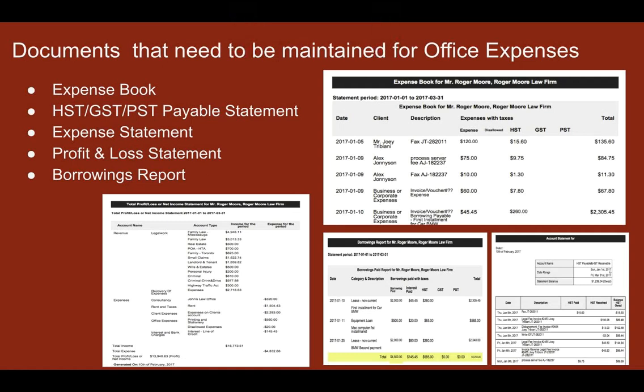Now, there is a different set of documents that get into all of these: expense book, fee book, expense statement, profit and loss statement. So it's just one time you add the information, which gets distributed amongst all of these reports, because they're all similar ledgers and journal reports that get printed out.